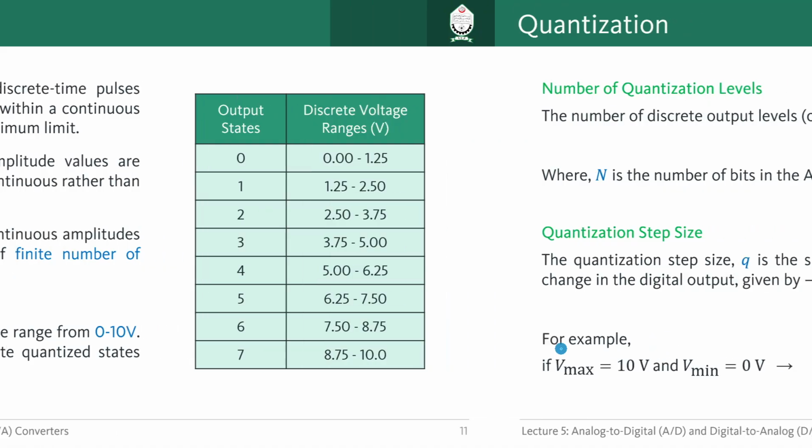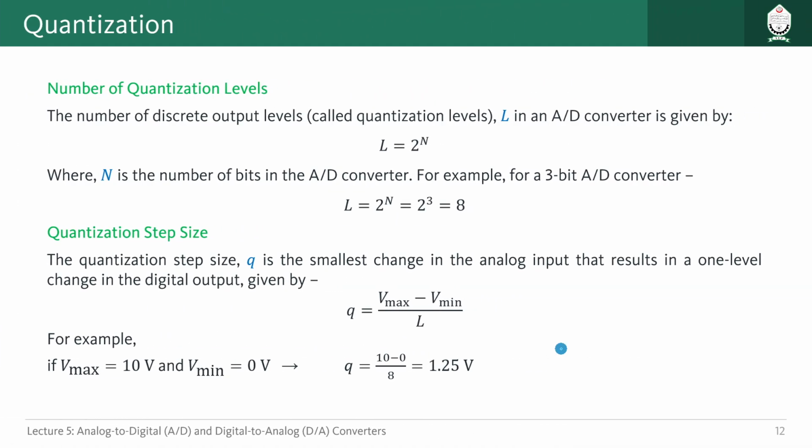Now this is just for quantization, right? There are some terminologies we have to learn for quantization, and one of them is the number of quantization levels. Like we had 8 states, this is the number of quantization levels, which is denoted by L, and which is equal to 2 to the power N. N is the number of bits in the AD converter. Whenever we talk about encoders, we will understand even more about the capital N. But here you see the L value relates to the value of capital N in this manner, right?